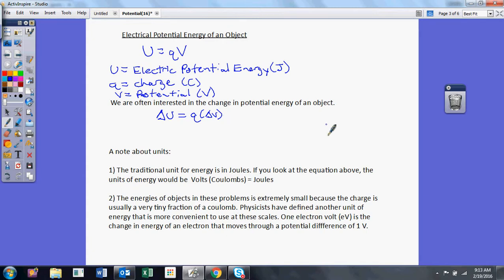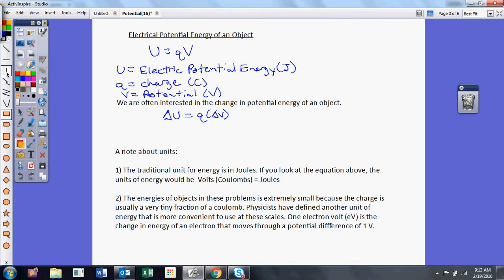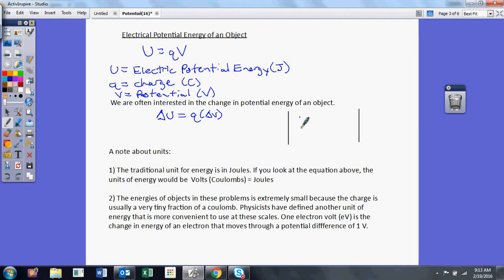Let's say that we have set up our thing like we've done before. We're going to set up our electric field with our two plates. Actually, I'm going to erase that. Let's think of it in terms of positive and negative, and we'll set up our equipotential lines here.